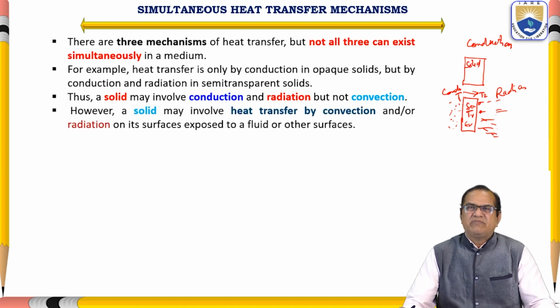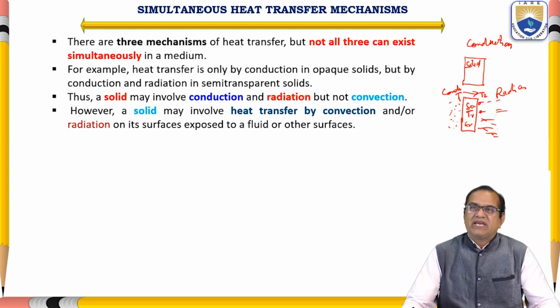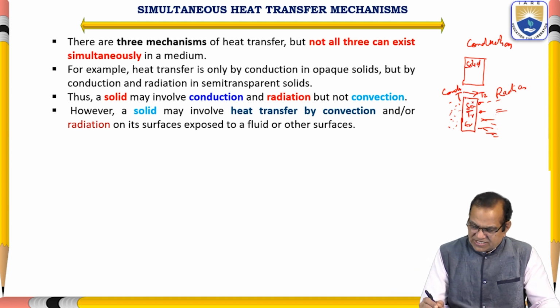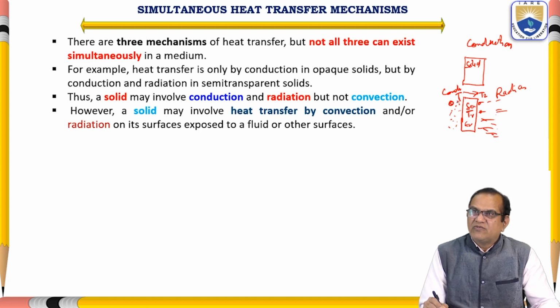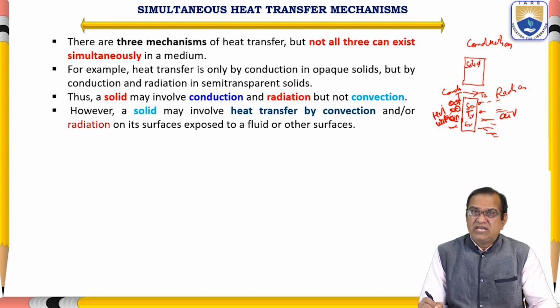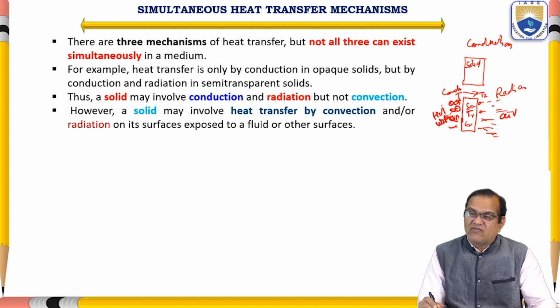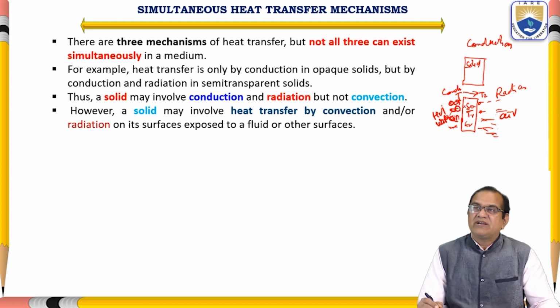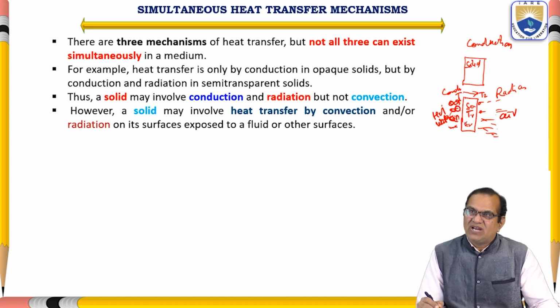However, a solid may involve heat transfer by convection and or radiation on its surface exposed to fluid or other surfaces. If this solid has hot water on one side and air on the other, all three can be involved: conduction, convection and radiation. If the hot solid is totally covered by fluid, radiation may not be there, and only conduction and convection will take place.